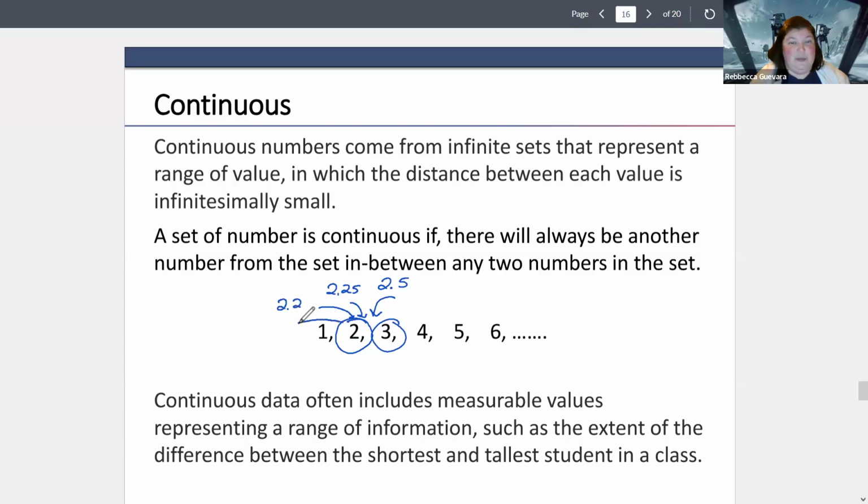And there's another number that fits between 2 and 2.2. There's 2.1. And you could just keep on going with this. You can always find another number that's going to fit in between one number and the next in the set of real numbers. That's kind of what we mean by continuous. So continuous means that when you look at that spectrum of numbers, there's an infinite amount of possibilities in there for a value to obtain.